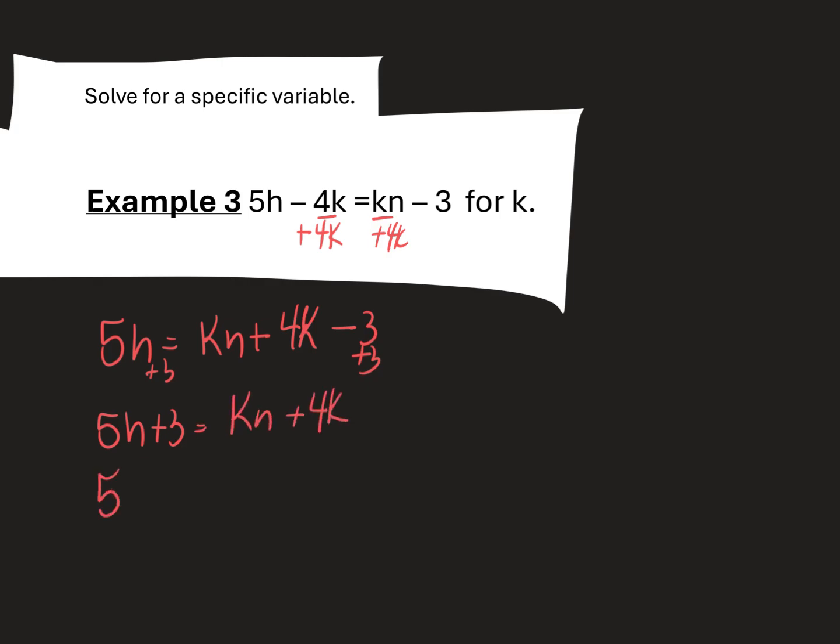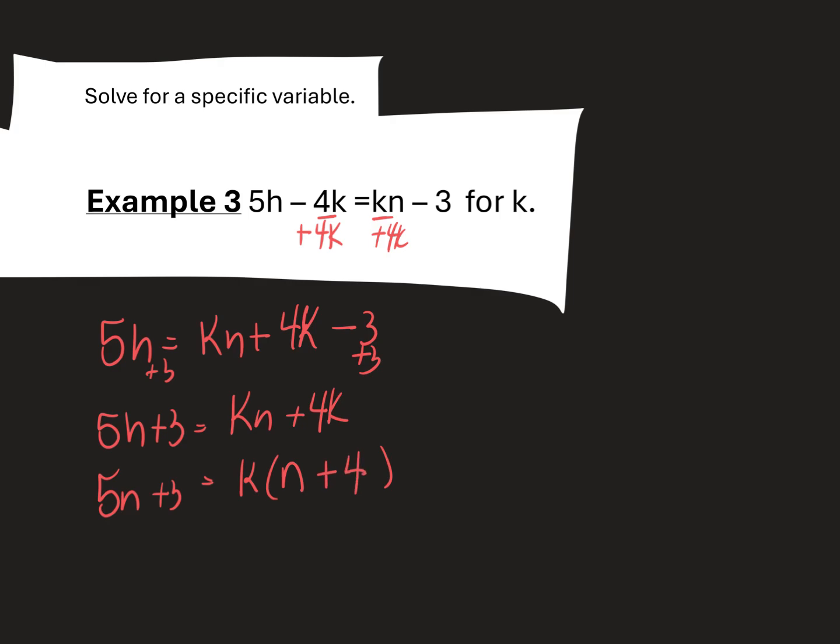I'm going to undo the distributive property. I'm going to put k on the outside. What do I multiply k by to get kn? Hopefully you see that's n. What do I multiply k by to get 4k? And hopefully you see that's positive 4.